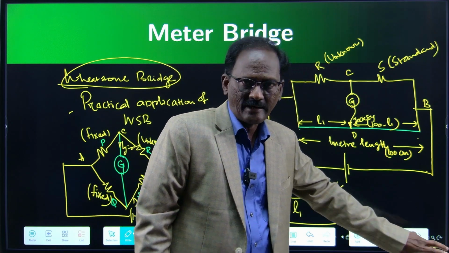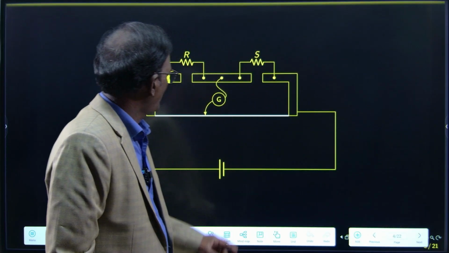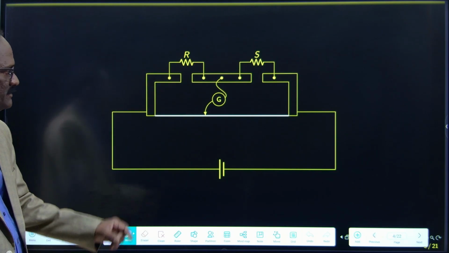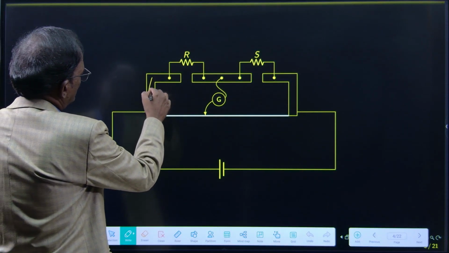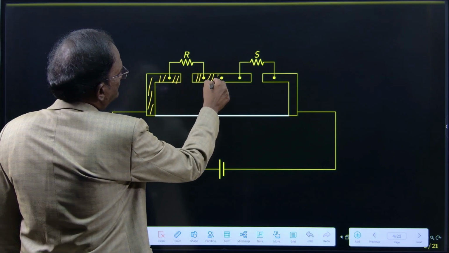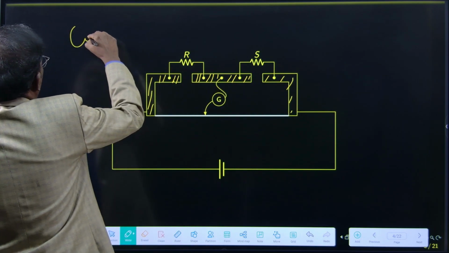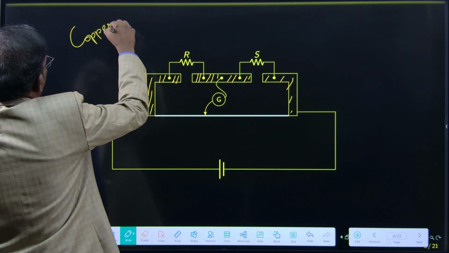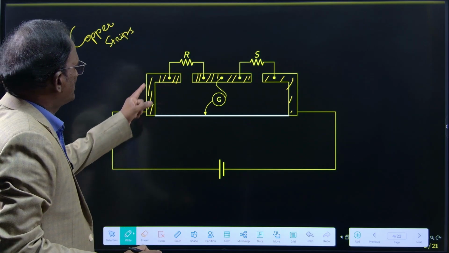Let me show the practical setup of a meter bridge. This is an experimental setup. These are copper strips, the conducting part.